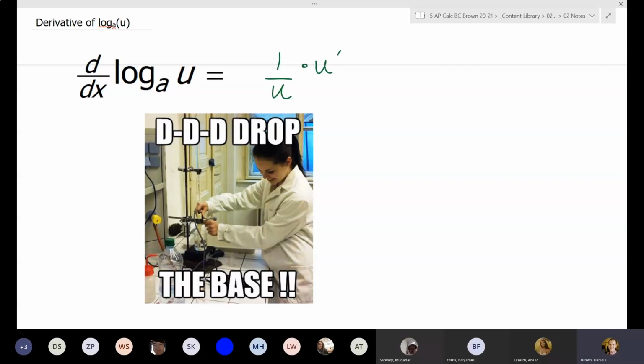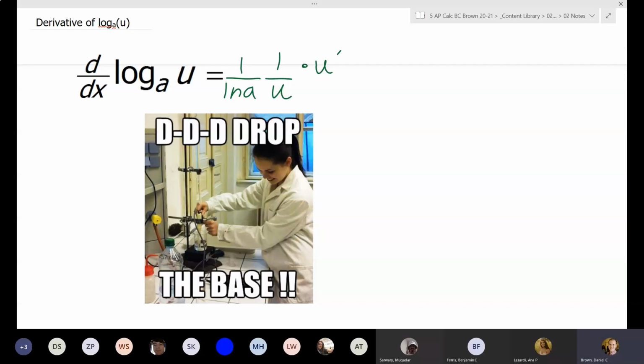The only thing that's added is we have 1 over the natural log of the base that you see. So in some ways it's very similar to the a to the u formula, but instead of multiplying by the natural log of the base, we are dividing by the natural log of the base. And again, this will only be used when you don't have a natural log, so a log of any other base.